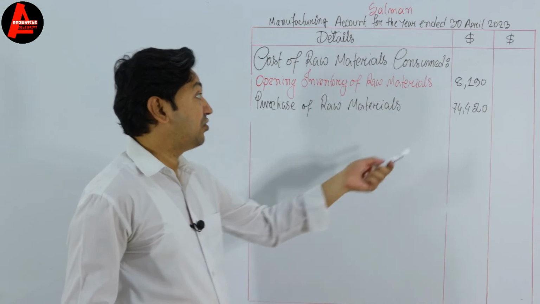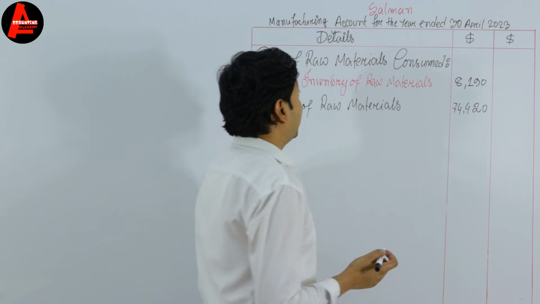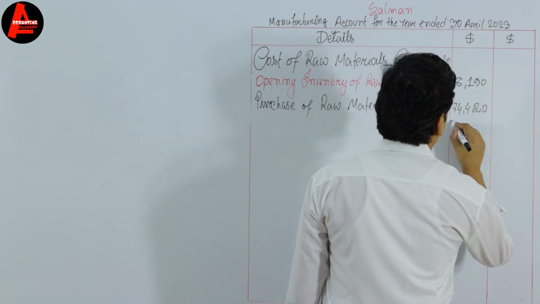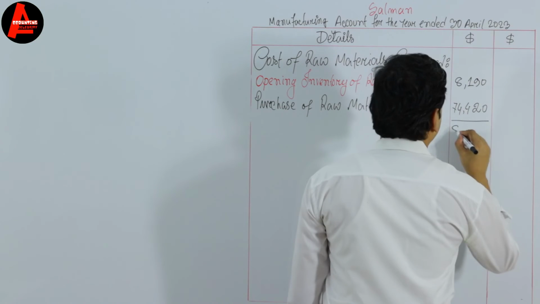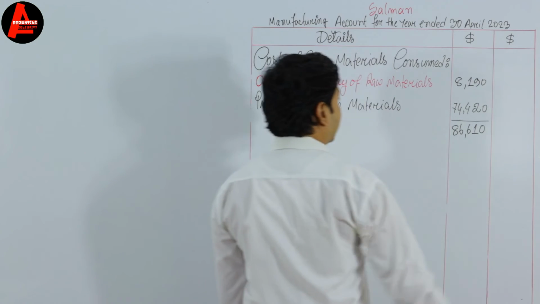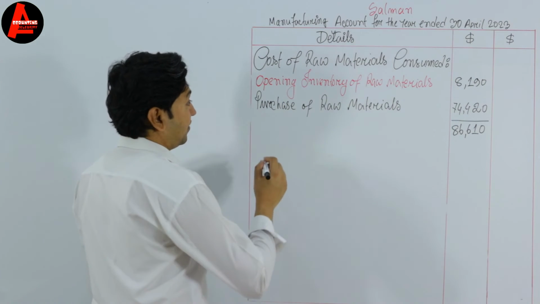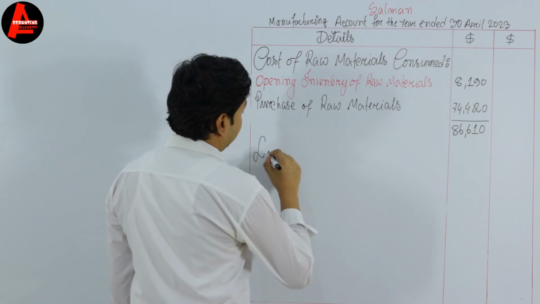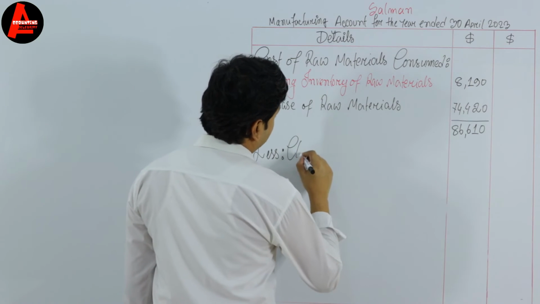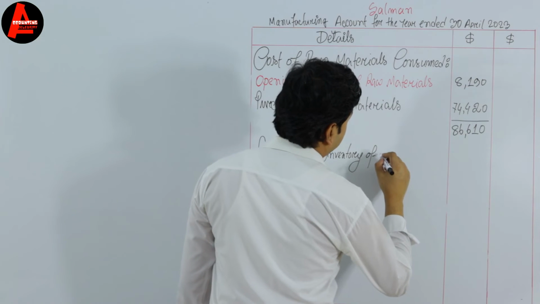Now we will sum up these two amounts, then we will subtract closing inventory of raw materials, okay? If we sum up these two amounts, we get $86,610, okay? Great. Now we will write less or minus, whatever you prefer, closing inventory of raw materials.